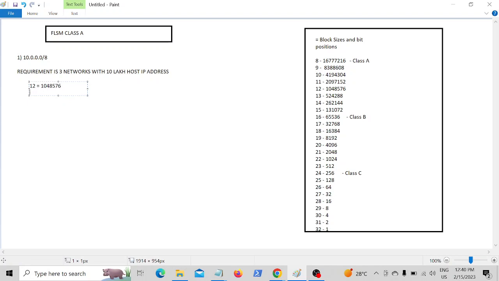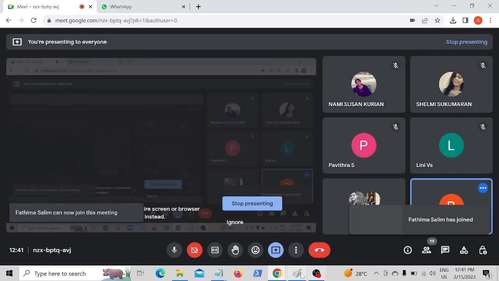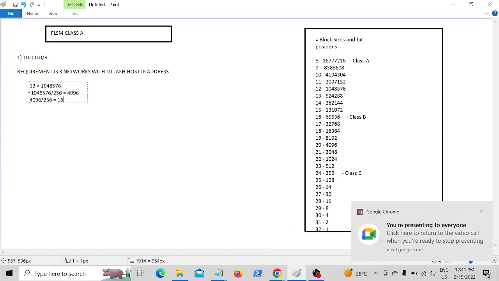Now this number is very large, and it will be difficult to work with, so we can divide it. We divide 10 lakh 48,576 by 256, which is the total number of IP addresses, 0 to 255. That gives 4,096. This is also a little complicated, so we divide 4096 by 256 again and get 16.